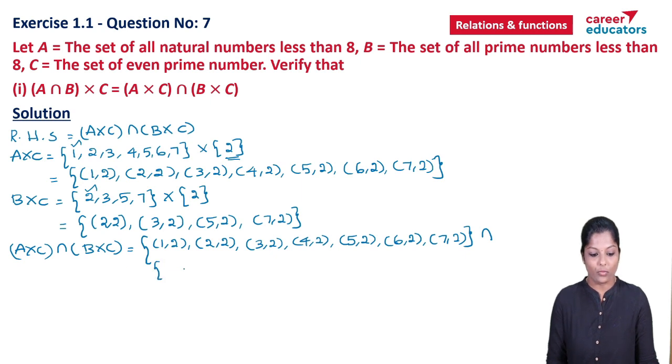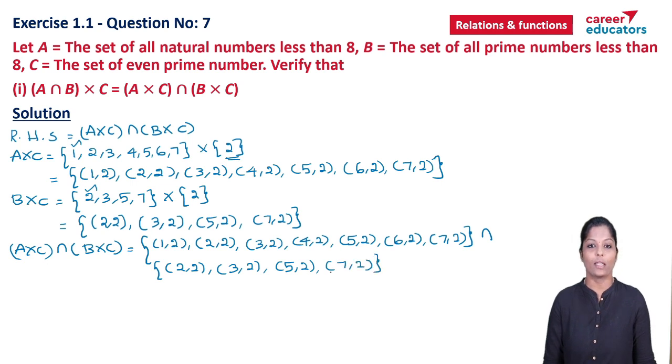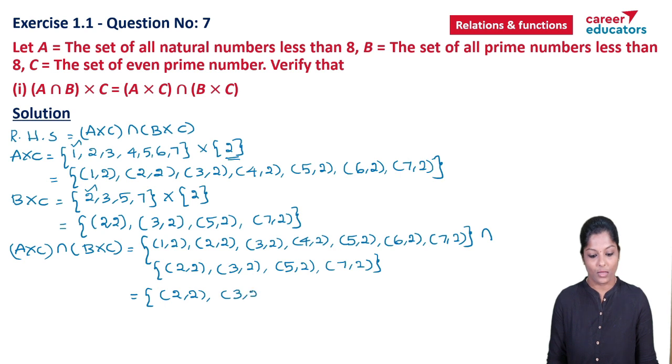Write all the elements of B cross C: (2, 2), (3, 2), (5, 2), (7, 2). To find A cross C intersection B cross C, we have to write the common elements in both A cross C and B cross C. We will get (2, 2), (3, 2), (5, 2), (7, 2). Mark this as 2.